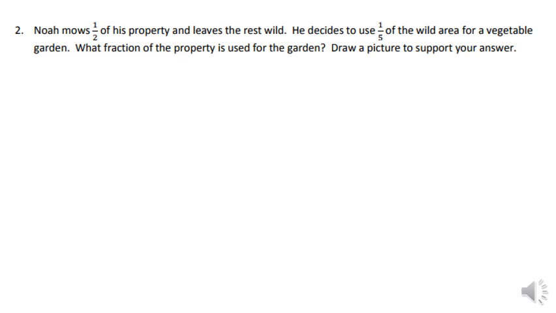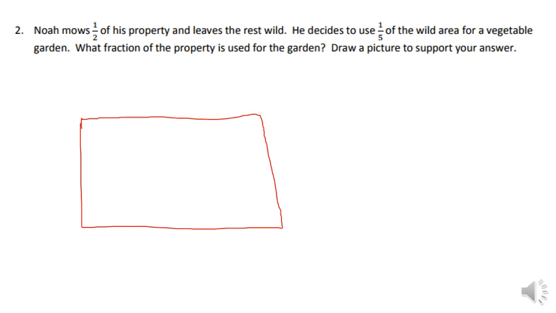On 2 says Noah mows 1/2 of his property and leaves the rest wild. He decides to use 1/5 of the wild area for a vegetable garden. What fraction of the property is used for the garden? Okay, so we can see if we drew it here, it says half of his property, which is this right here, is for the wild.